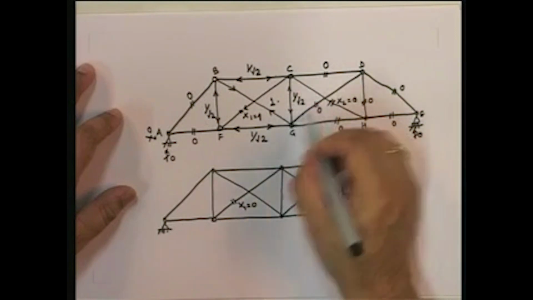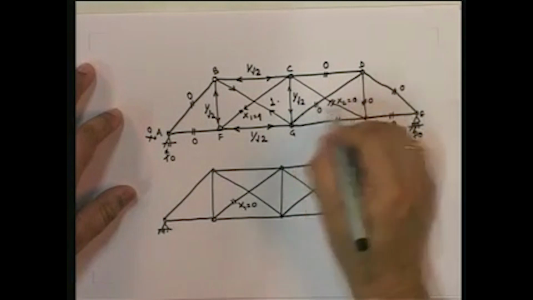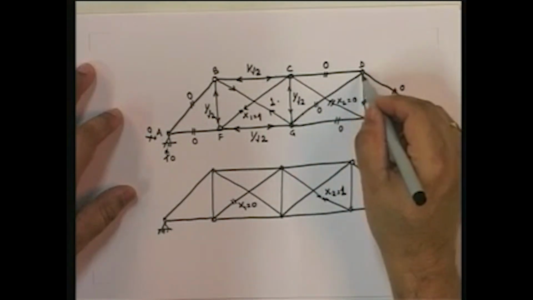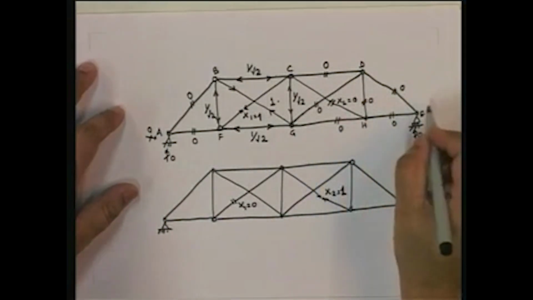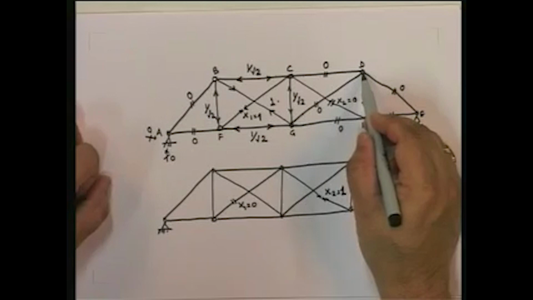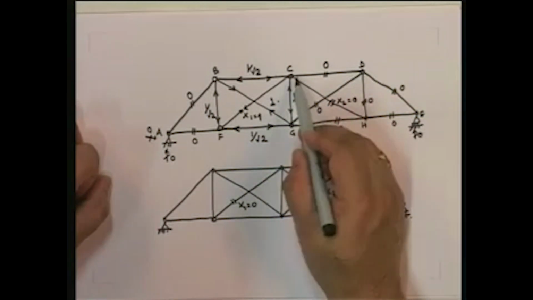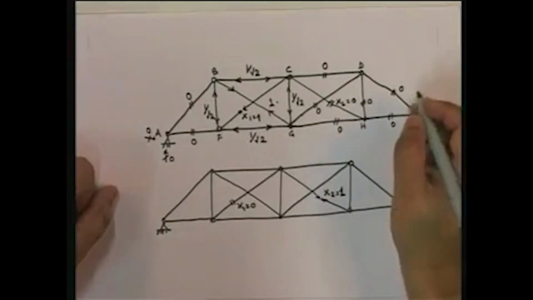If you look at the vertical component, this is 1 over root 2, check. Everything checks. And if I come over here, all forces in the members are 0, so therefore it checks. Okay, you will always get 3 checks. So here I have got sigma fx and fy equal to 0, and here I have got sigma fy equal to 0. These are the 3 checks that I have in this entire procedure.